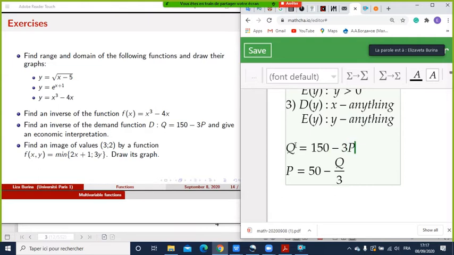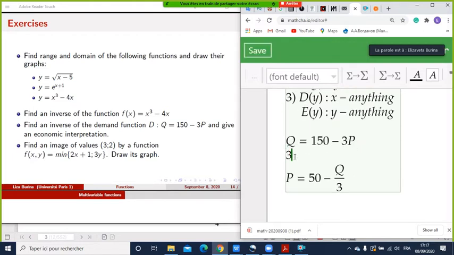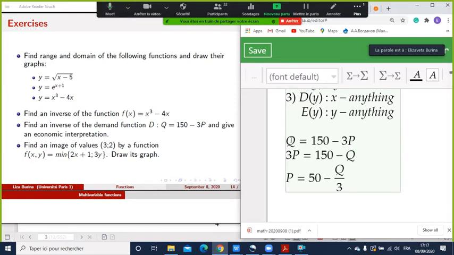Now I want to have P on the left side and Q on the right side, so I want to just extract P. First of all, I move 3P to the left and I get 150 minus Q. I move this to the left and Q to the right.